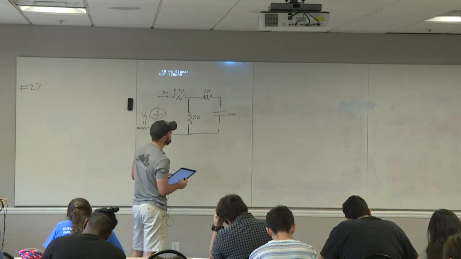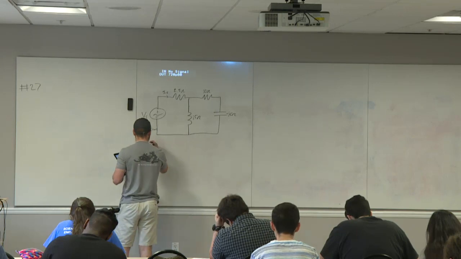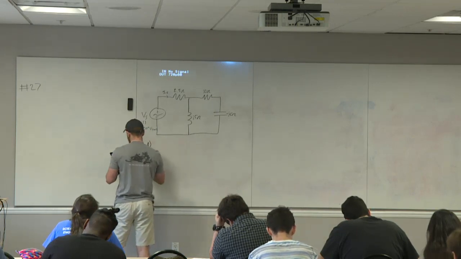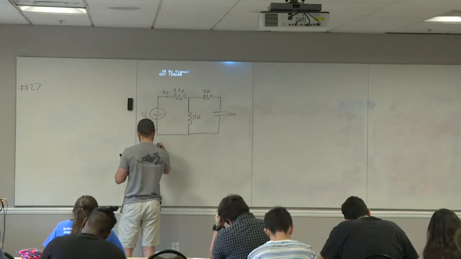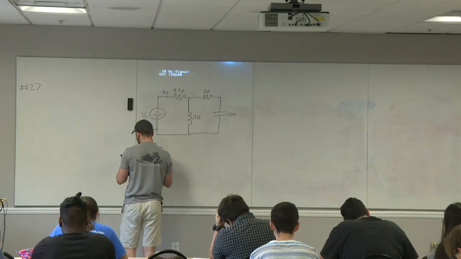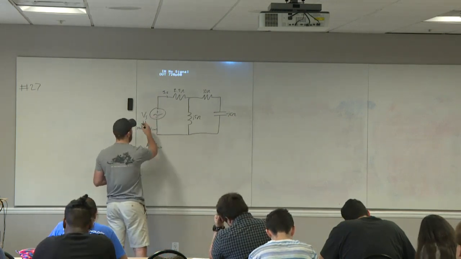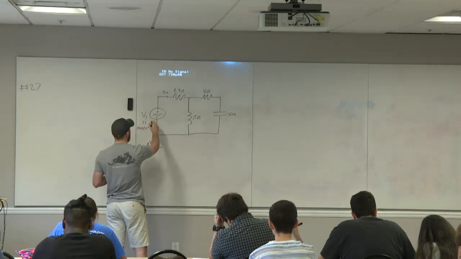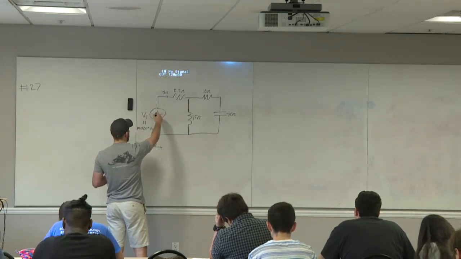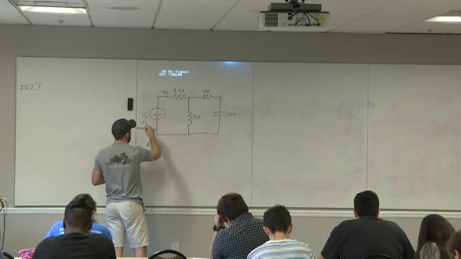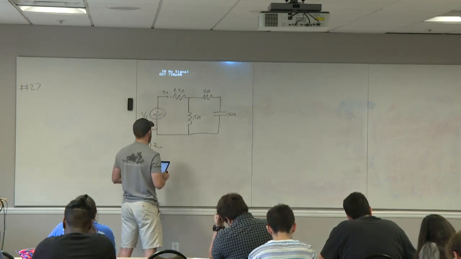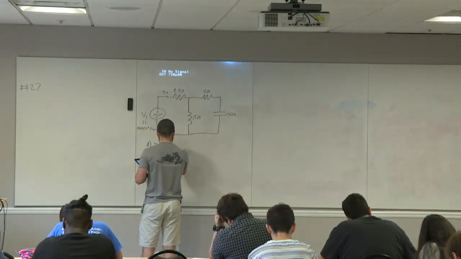So I'll do part A under this. Z_L. I'm not going to redraw it with the source removed. If you just imagine the source is gone, we're trying to find Z equivalent from that perspective. So we'll just go ahead and do that.